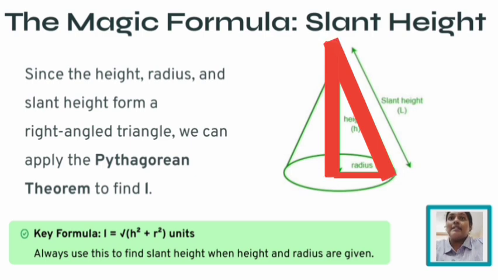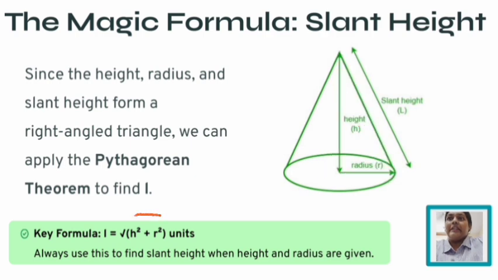Height h is the vertical side, radius r is the horizontal side, and slant height is the hypotenuse, the longest side. And we know from the Pythagorean theorem, hypotenuse squared is equal to one side squared plus the other side squared. So therefore we get this formula. Whenever the question gives you height and radius, use this formula to find the slant height first, then solve the rest.